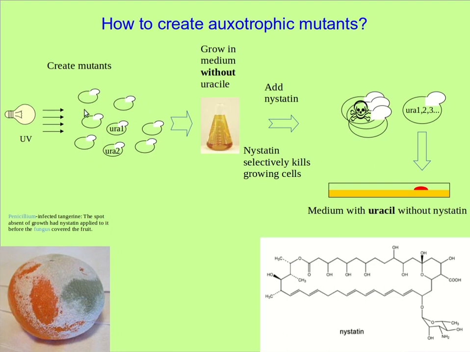Most of the cells will not have any mutations at all, but random mutants will arise, and some of these mutants will be affected in the metabolic pathway for the production of uracil. There can be several different genes that can be affected, and in this case they're symbolized by URA1 and URA2. So these are two different genes, but they are both affected in the metabolism of uracil.